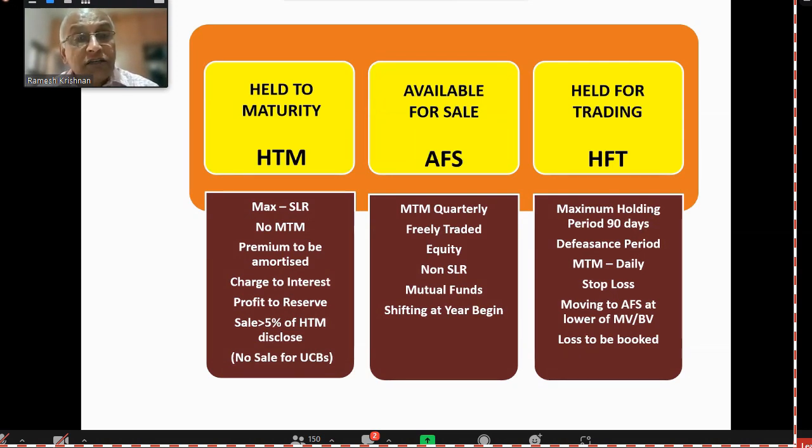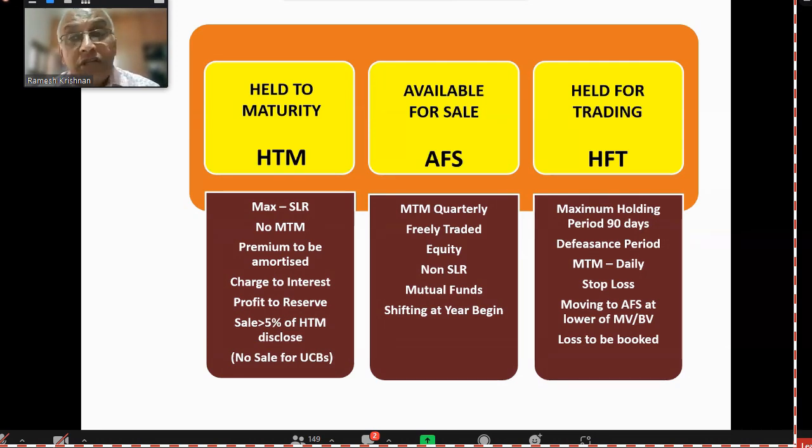And whatever sale your bank is doing in a year, above 5% of the total HTM portfolio, you have to disclose it under Pillar 3 of Basel in your annual report, that we have sold securities from HTM amounting to say 8% or 10% of our HTM portfolio, and the profit booked therefrom is so much.